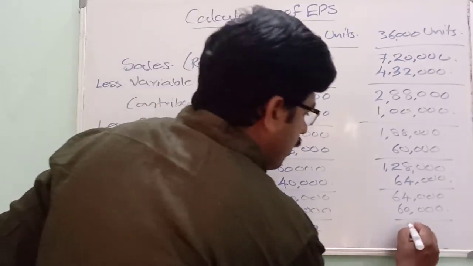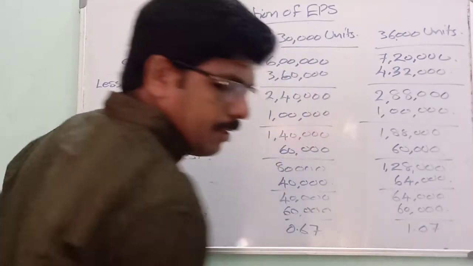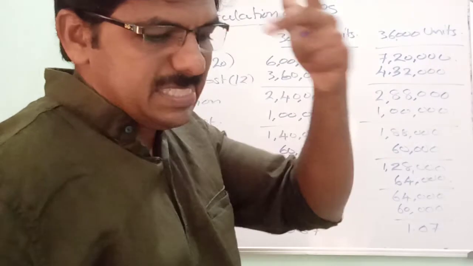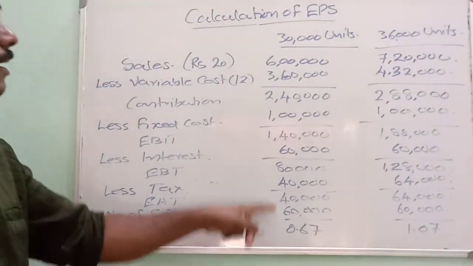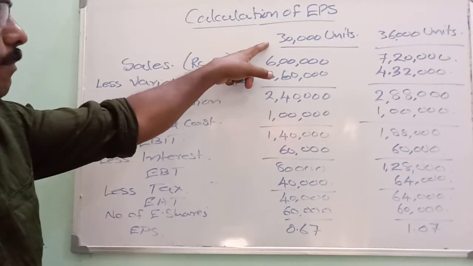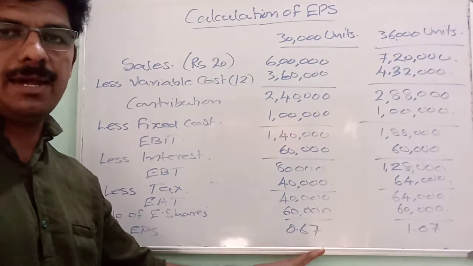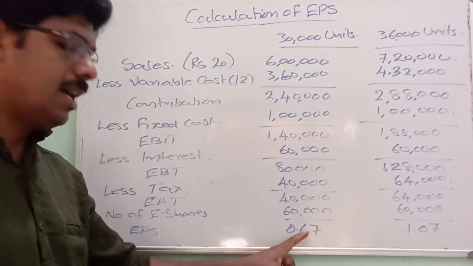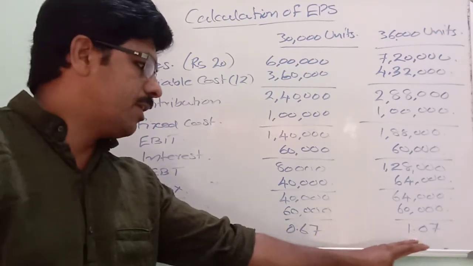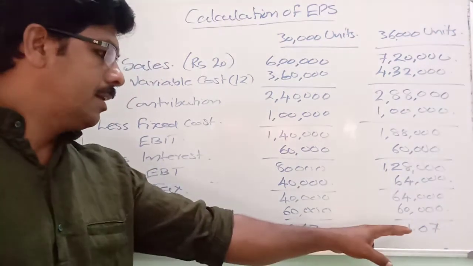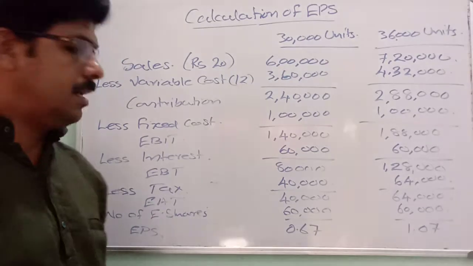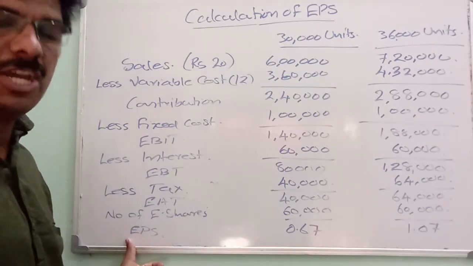At 30,000 units of production, EPS per share is 0.67, that is 67 paise, and here it is 1 rupee 7 paise. It is the EPS, earnings per share.